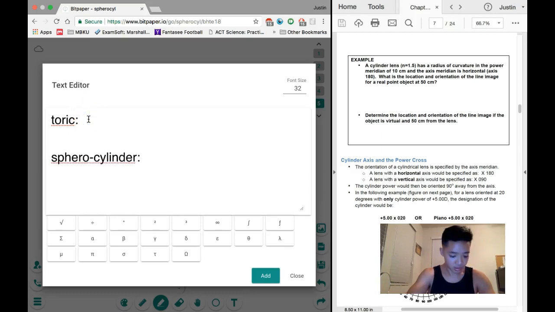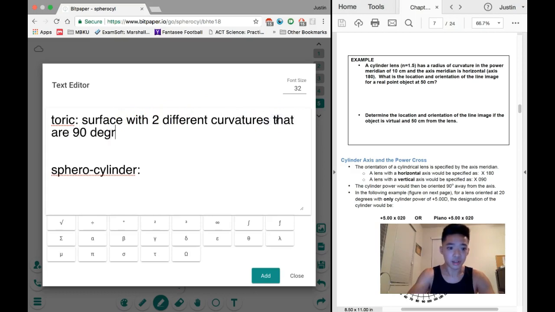Torque is a surface with two different curvatures that are 90 degrees apart.